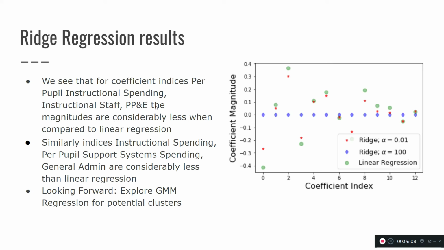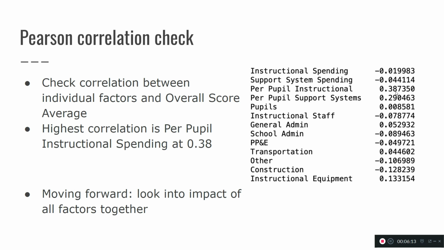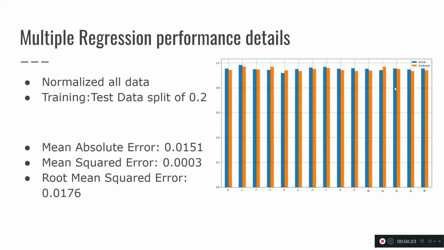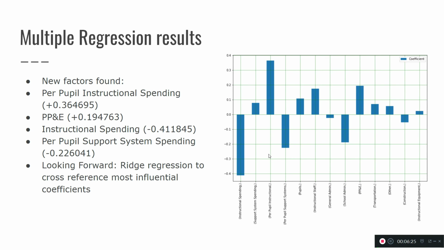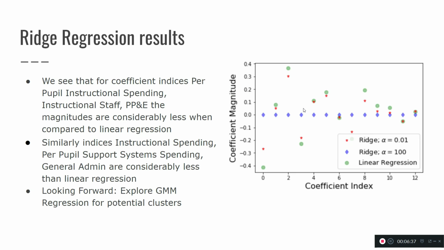If you remember way back, even in the Pearson, per pupil is a solid 10 times greater and 20 times greater than support and instructional spending. And that trend is followed over here, where we see both the per pupil instructional and support system spending being very high in their correlation compared to the other things, and further on in Ridge.